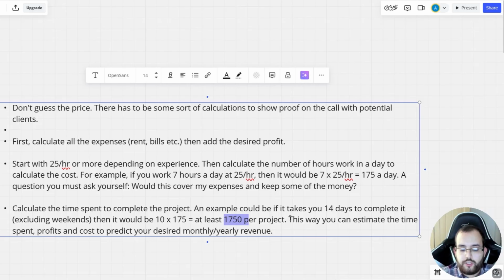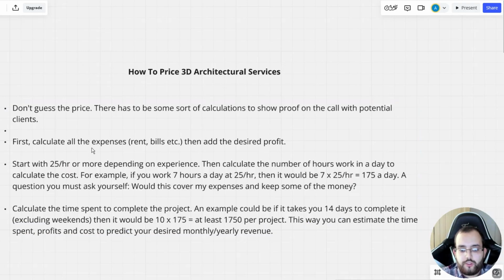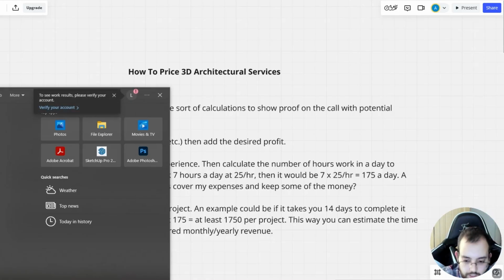So if you can calculate this way, then you can estimate the time spent, profits and costs to predict your desired monthly and yearly revenue. So let me give you an example. Let me pull up my calculator.